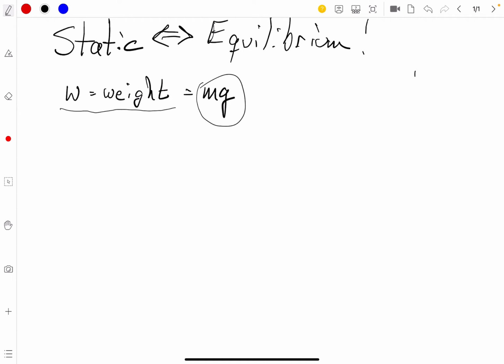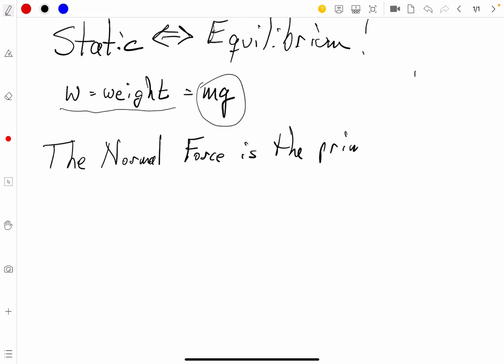The normal force, of course, is the best. Normal force is the prime example of Newton's third law.